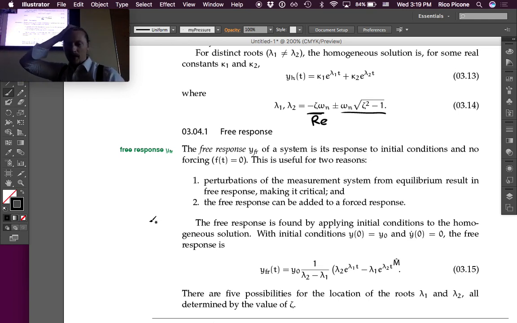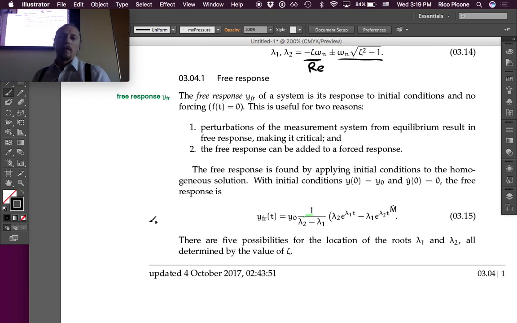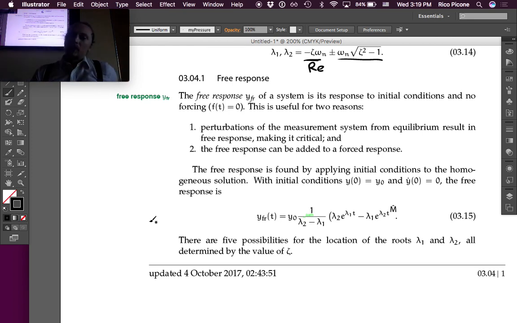And so the free response isn't just useful when the forcing is 0. It's also useful when there is forcing. It's just that we'll have to add it to the forcing response. So more fun to come. So the free response is found by applying initial conditions to the homogeneous solution.